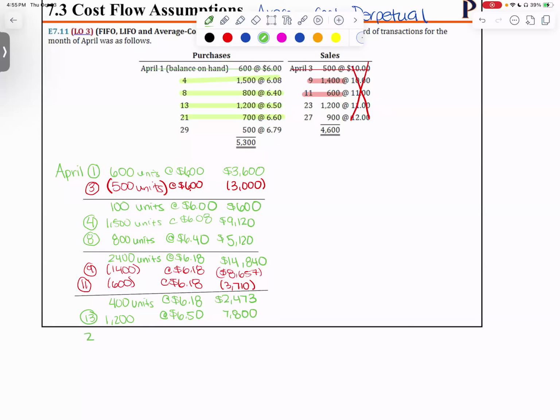Then on the 21st, we purchased 700 units at $6.60 for a total cost of 4,620.